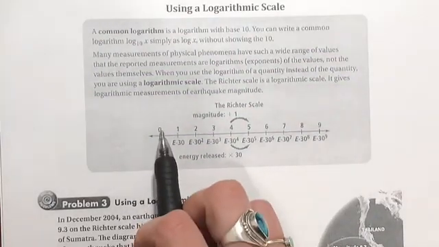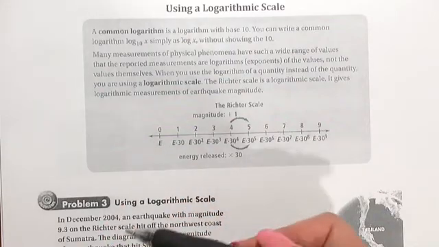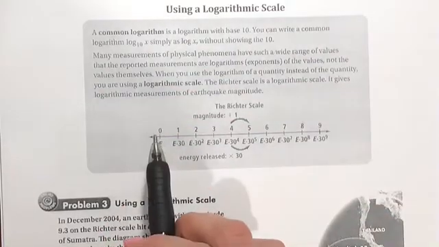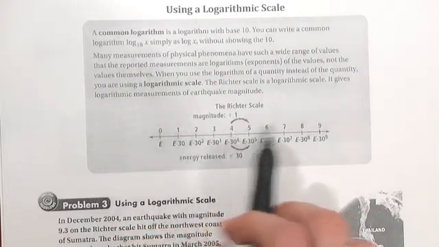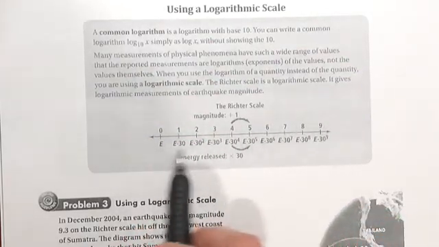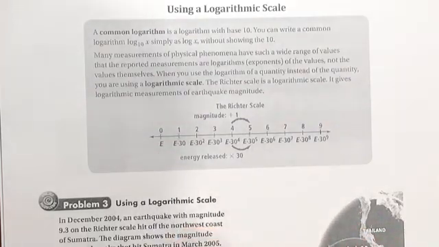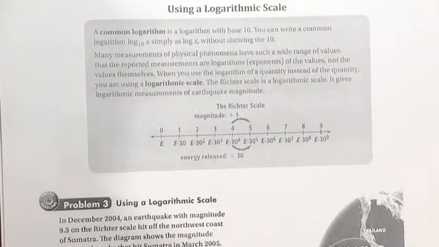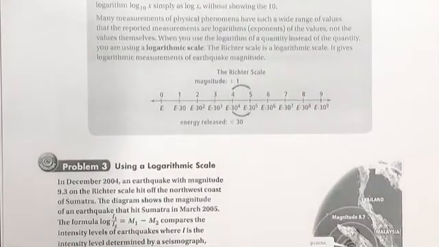On the Richter scale, you'll hear, oh, the earthquake had a magnitude of 4.3, like we just had. And then down here is what the actual energy being released is. So it's a lot bigger of an energy than the Richter scale leads you to believe.